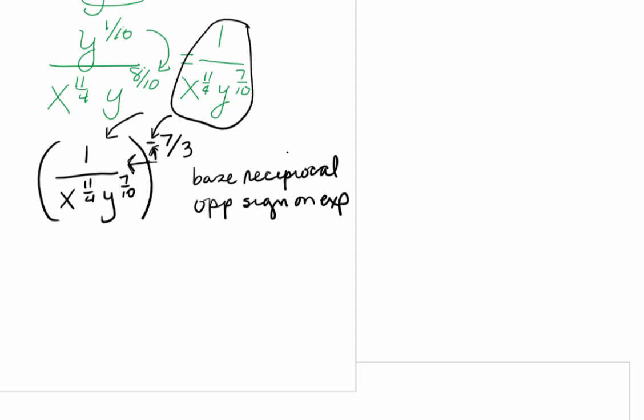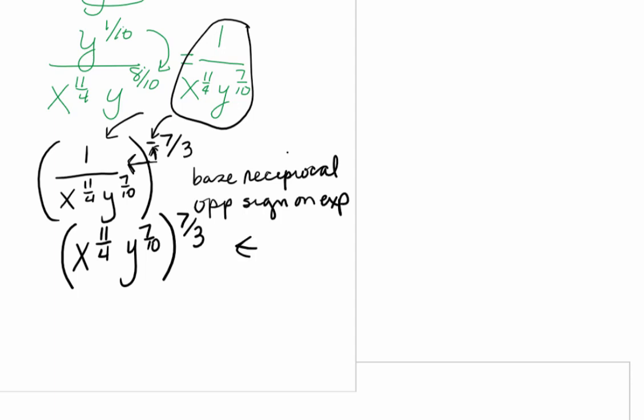So 1 over x to the 11/4 y 7/10, its reciprocal would be x to the 11/4 y 7/10 over 1, which is just this. And then again, our negative 7/3 outer exponent becomes a positive 7/3 outer exponent.